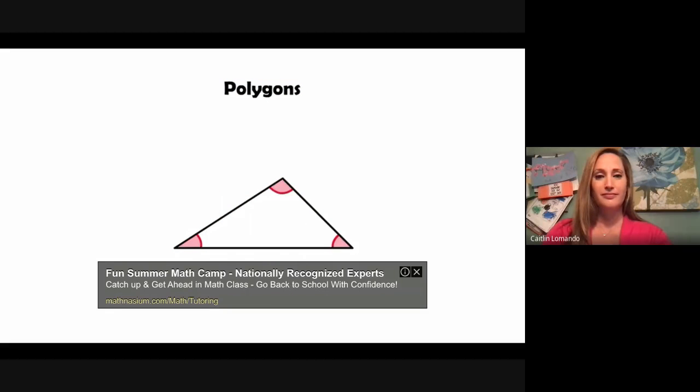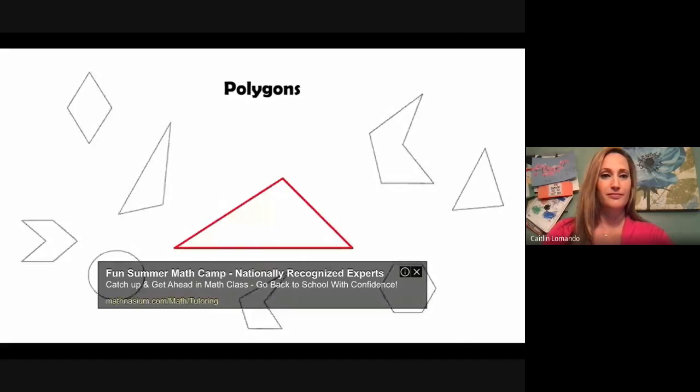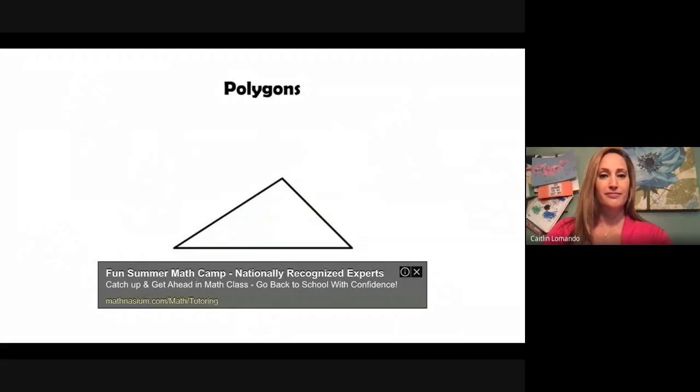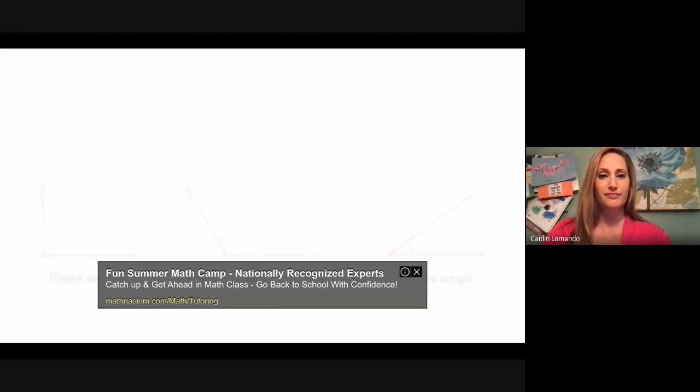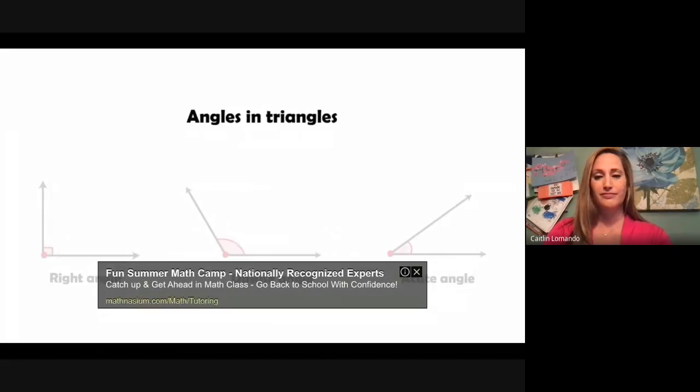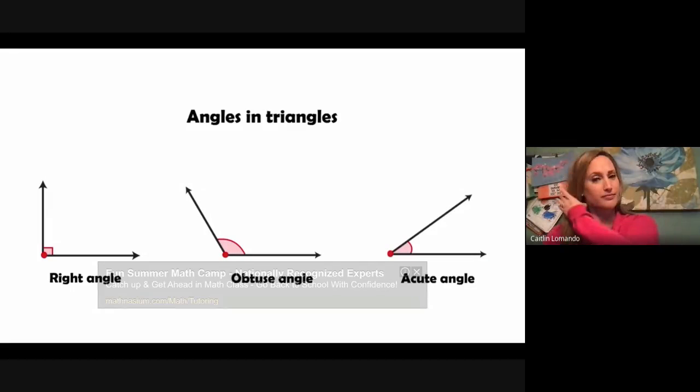Like other polygons, triangles have many properties, and they can be classified based on these properties. Here, we will look at angle properties for triangles. As we learned before, there are 3 types of angles: right, obtuse, and acute.